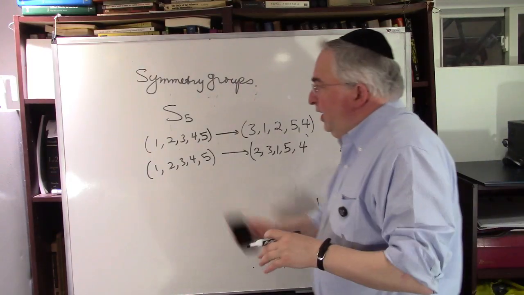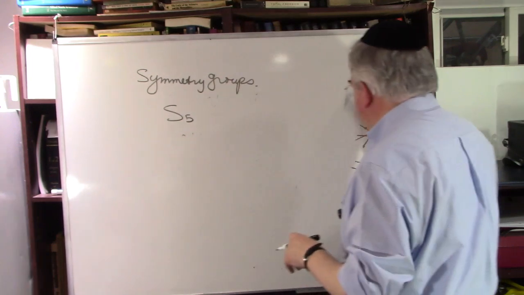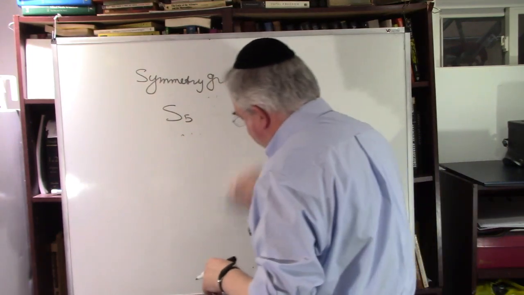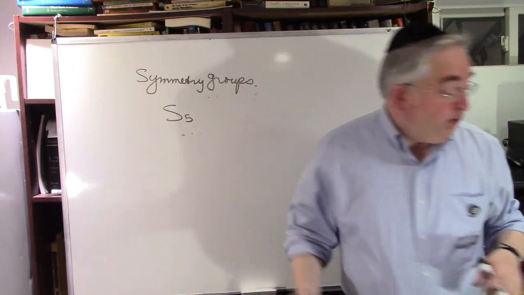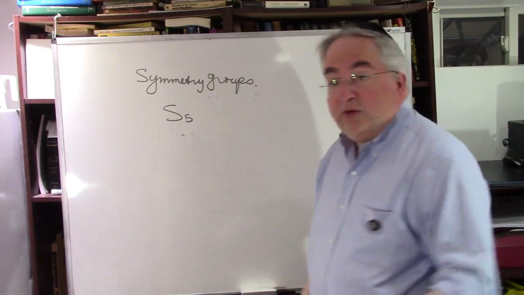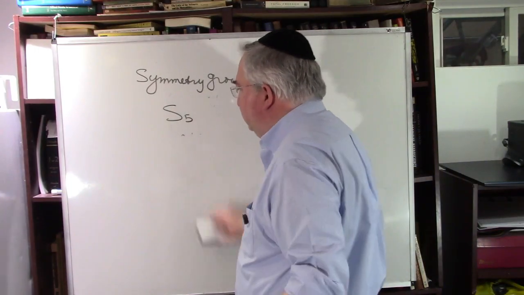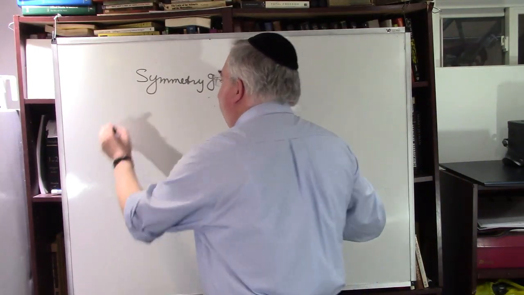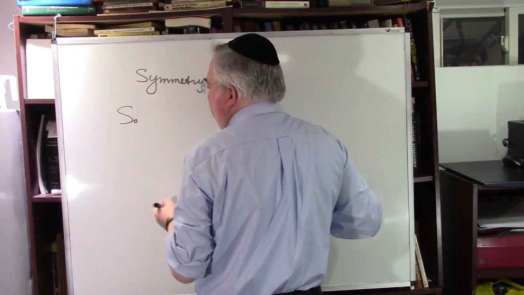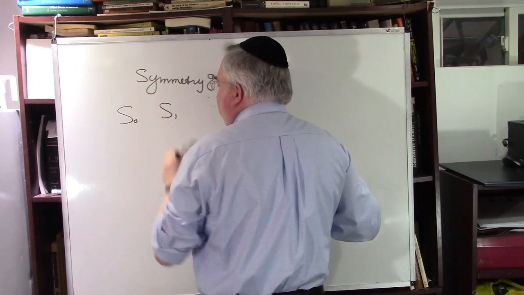Okay, and so you get a group. You get a nice group. Very nice. So it has inverses, etc. You can compose things. Okay, great. Now, by the way, we did this for 5, but you have S0, which is a very stupid group. It has only one element, I think, or maybe it has no elements.